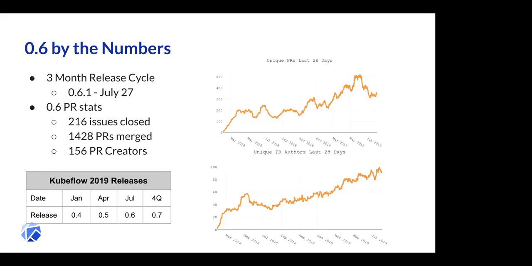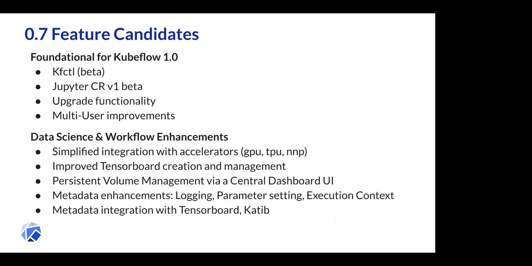And you can see with the graphs on the right the trend since the beginning of Kubeflow. We're continuing to grow pretty rapidly in both the number of PRs that we get every 28 days, as well as the number of unique PR creators every 28 days.